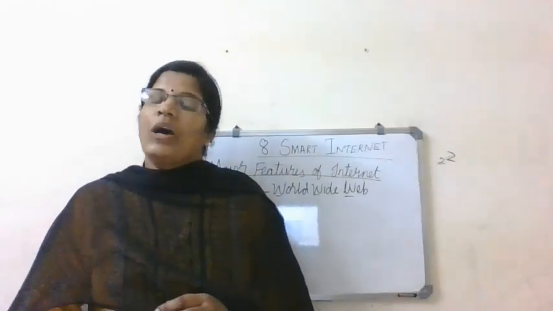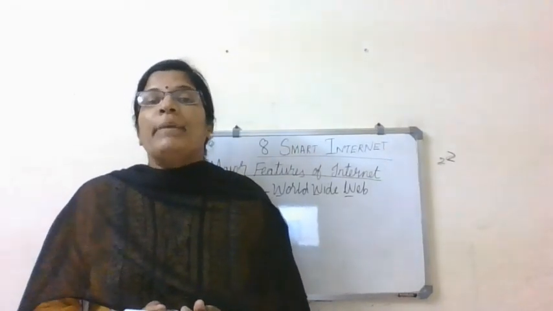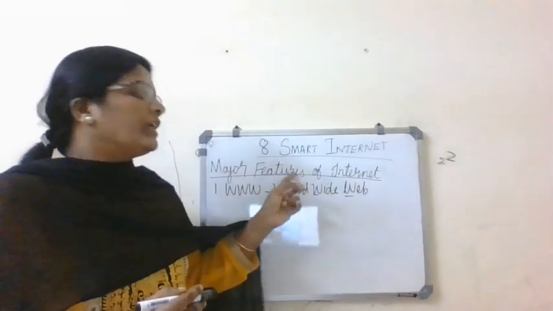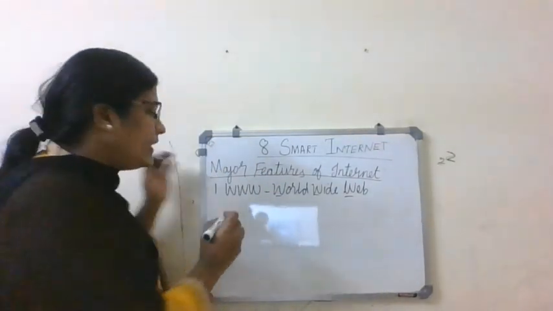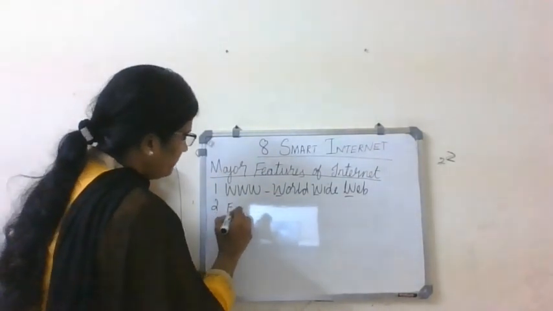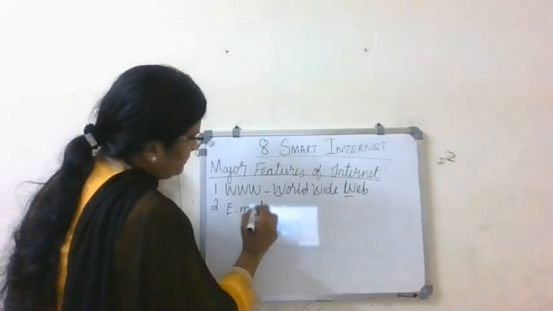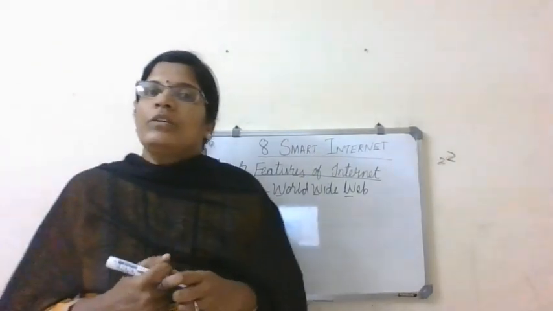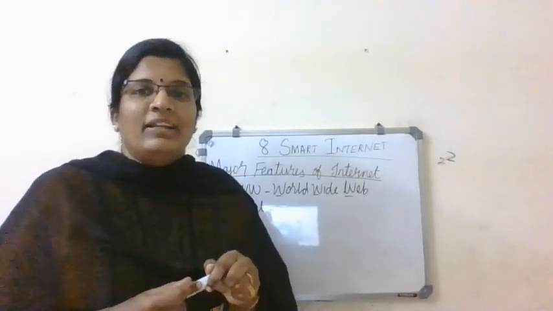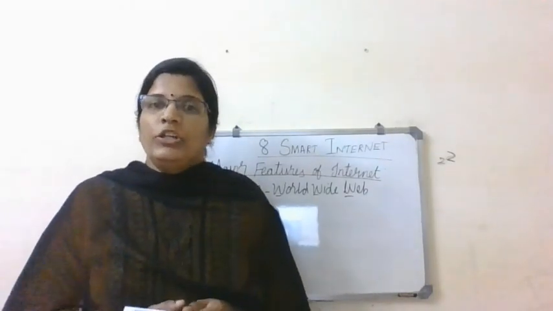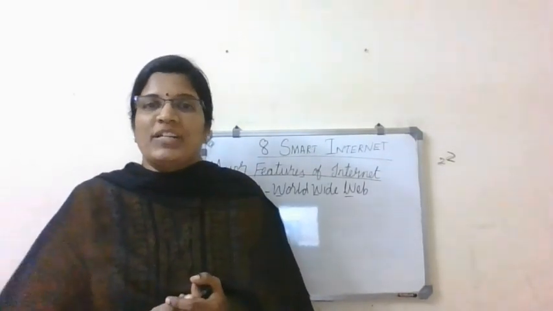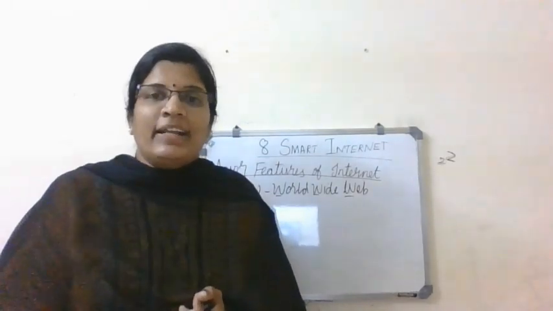Is it clear? Okay. The next feature, the most important feature, is email service. So what is meant by email? It's electronic mail. You can send and receive information through the internet. Okay.